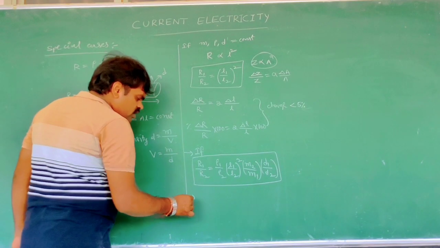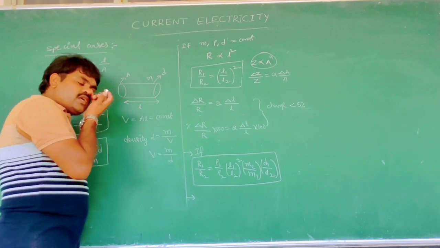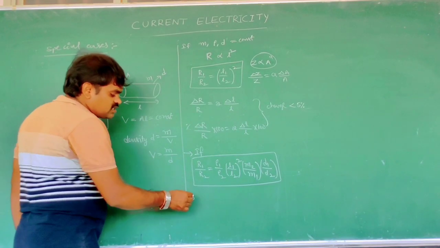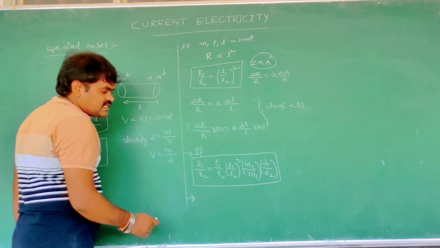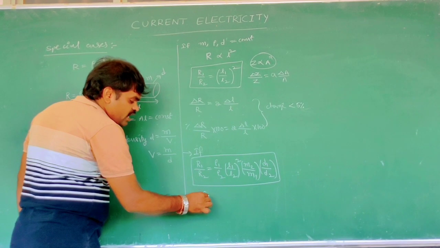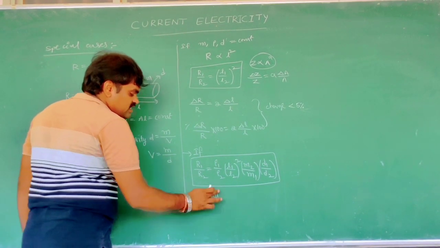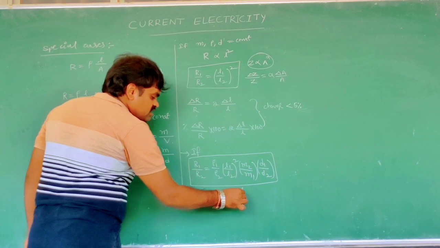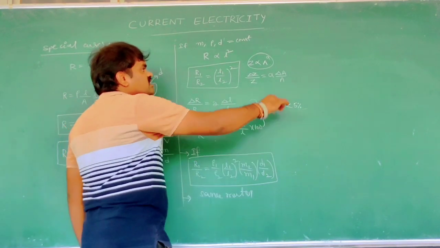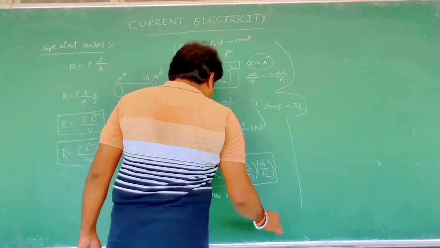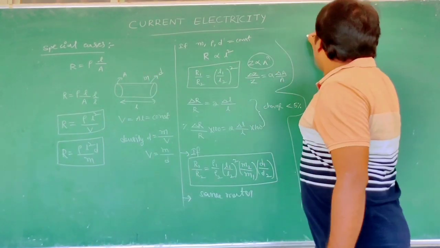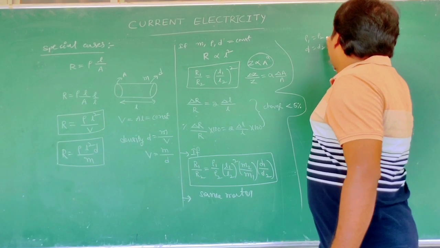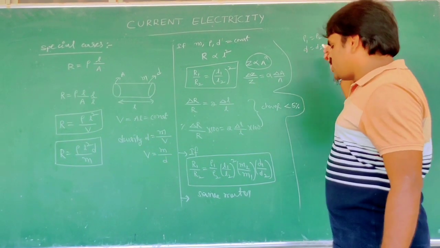If the conductors are made of the same material, the densities and resistivities must be the same.